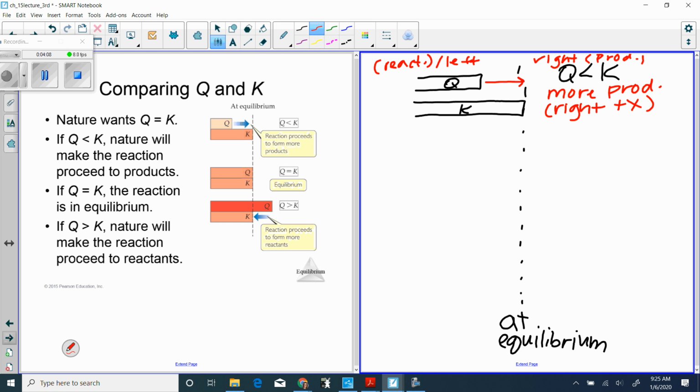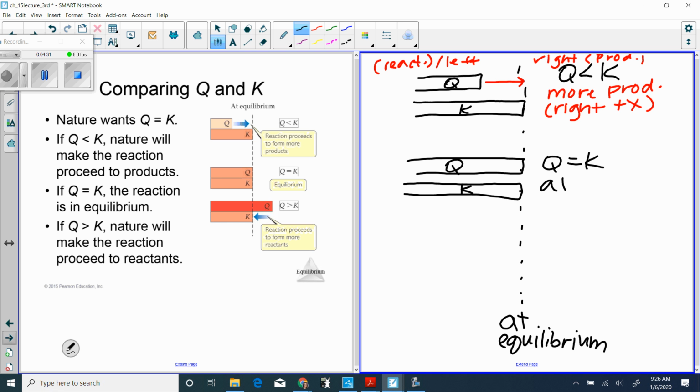That's really all we've done so far because we had a bunch of zeros. If we just did that math, Q is always going to be less than K when you have zeros. So we were always just knowing where the plus x's went. If Q equals K, which sometimes it is, it's kind of a trick question. It is at equilibrium. Those are the words.